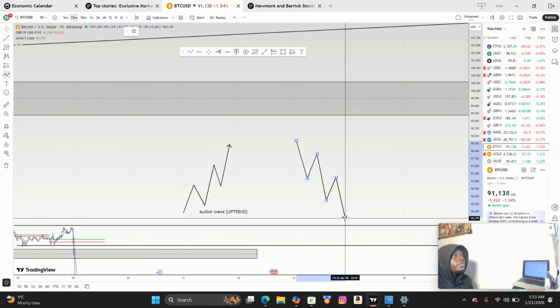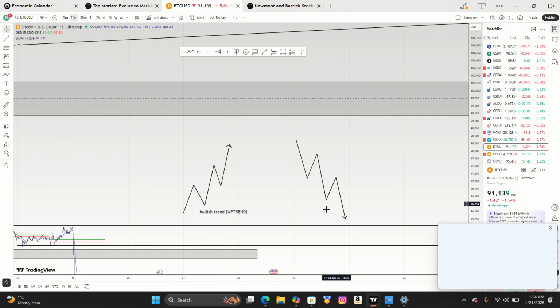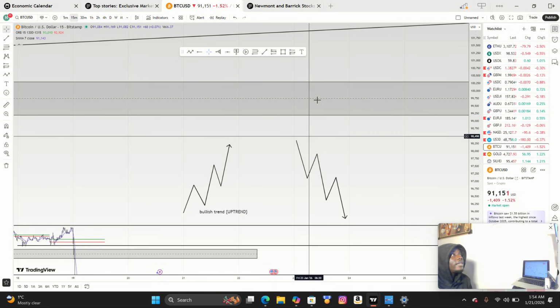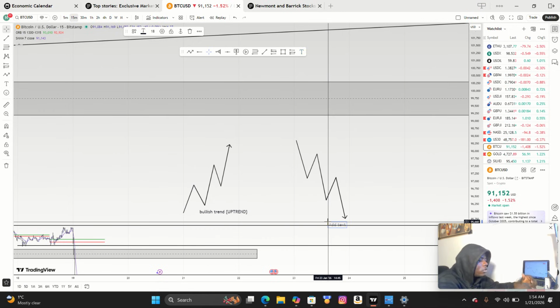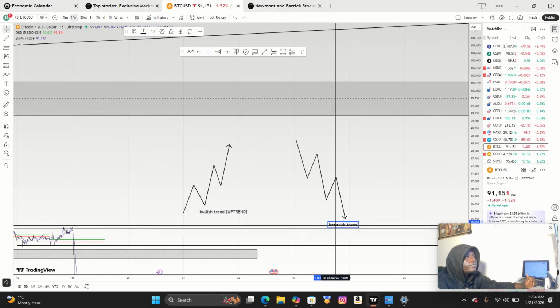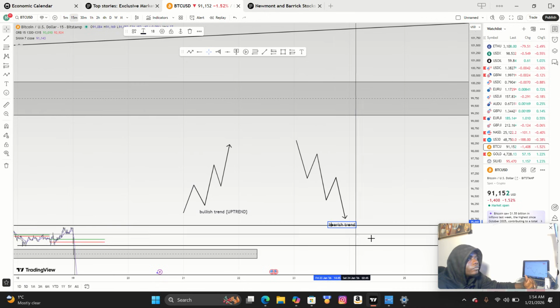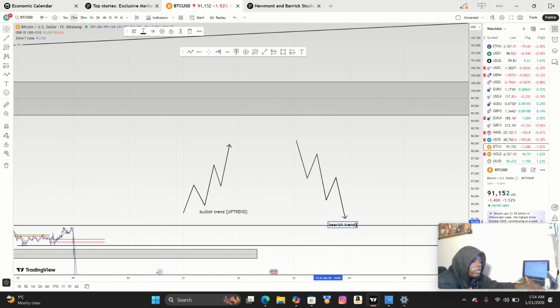It's called a bearish trend, which you can also call a downtrend. So this is exactly how it looks when the market is moving downward.